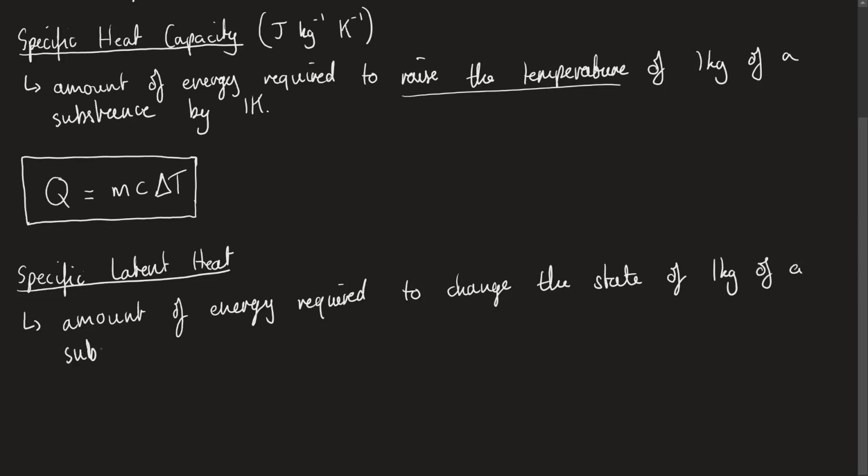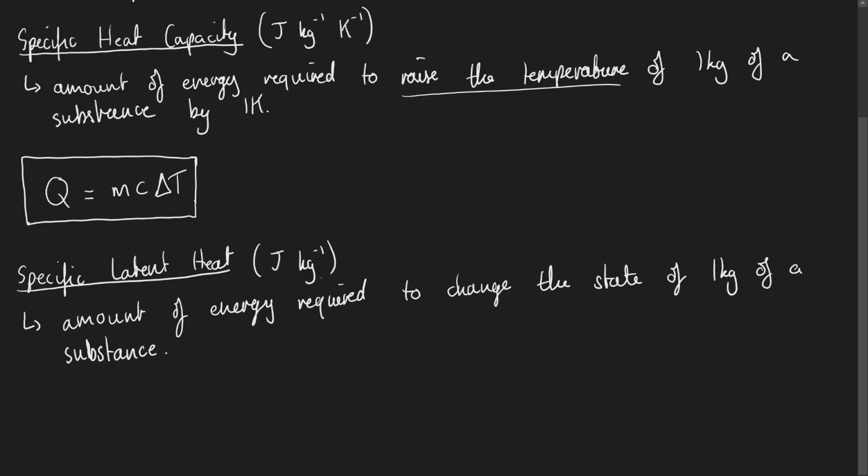Whether that's to change it from a liquid to a gas or a solid to a liquid will change the thing that we're looking at. Now, if we're looking at the amount of energy required per kilogram, then our units for the specific latent heat are just joules per kilogram.